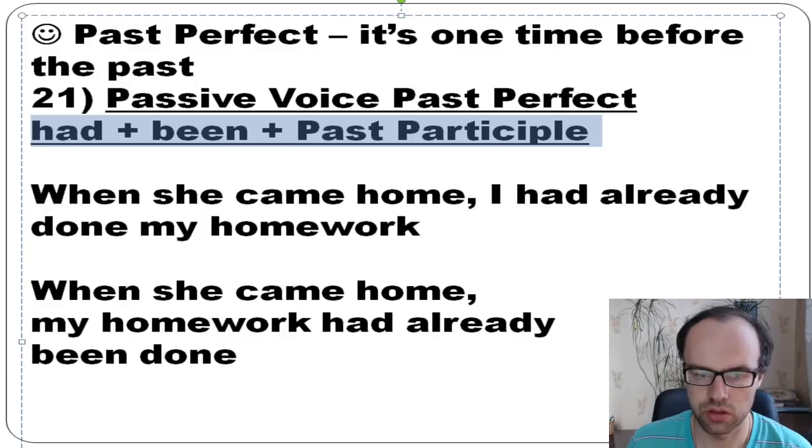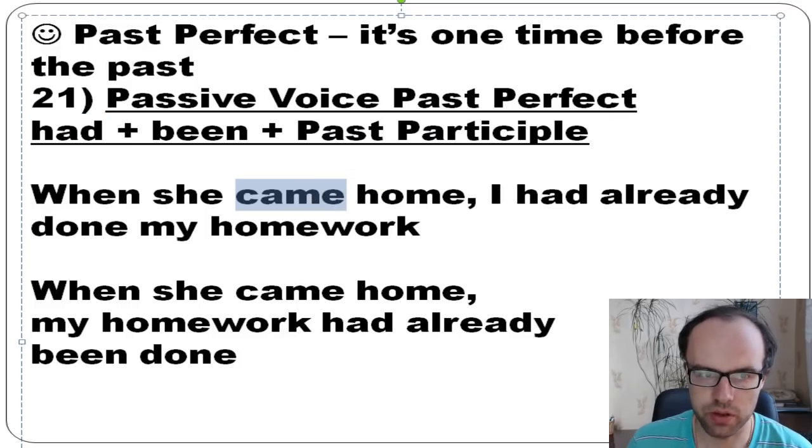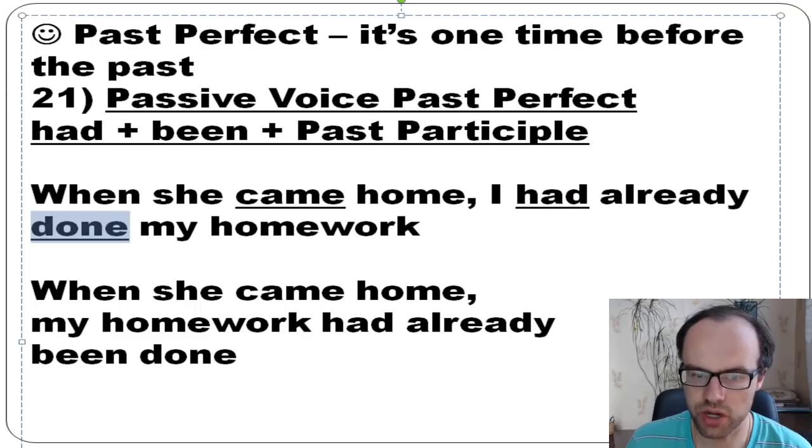Look, when she came home, it's past simple, I had already done my homework. It's past perfect, so it's one time before, yeah? So first I did, then she came.